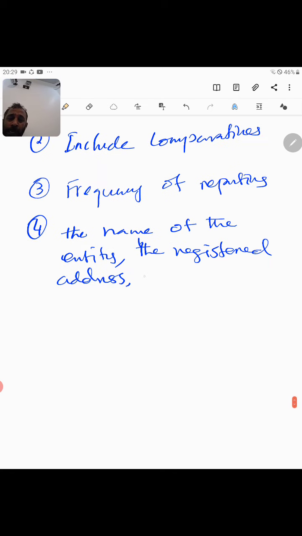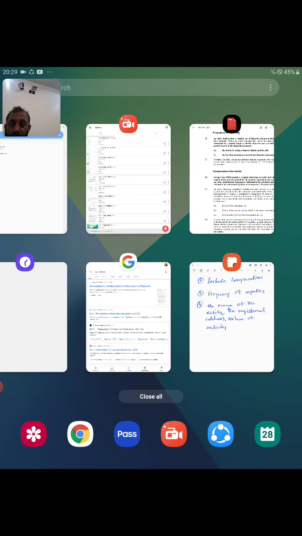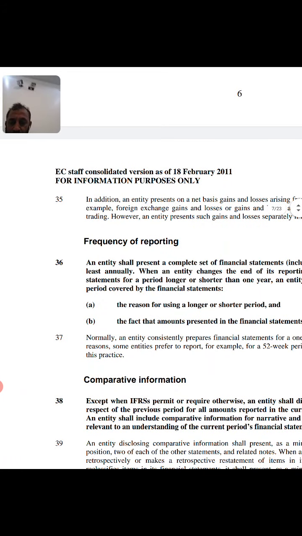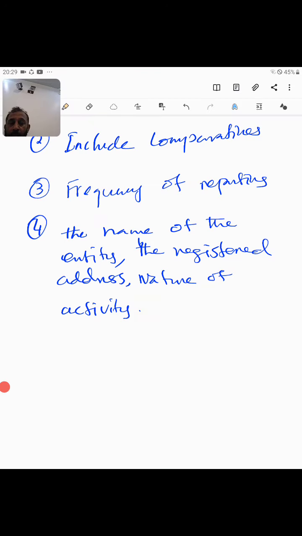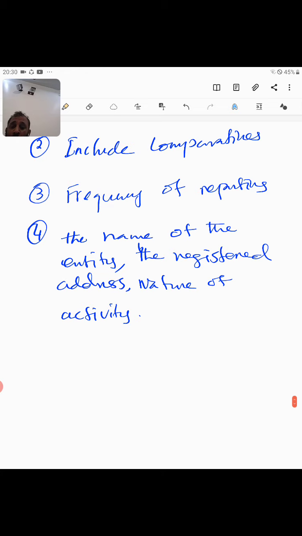We also need to include the nature of activity. So these factors need to be included as part of the disclosures to comply with IAS 1.